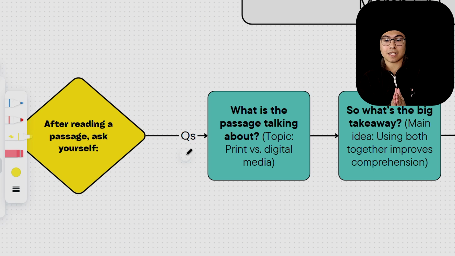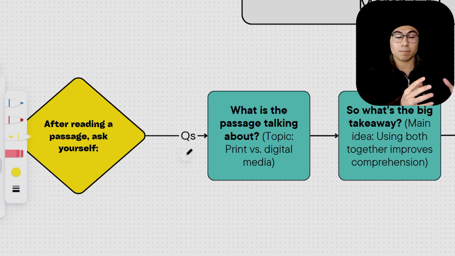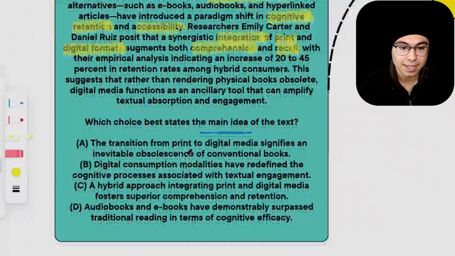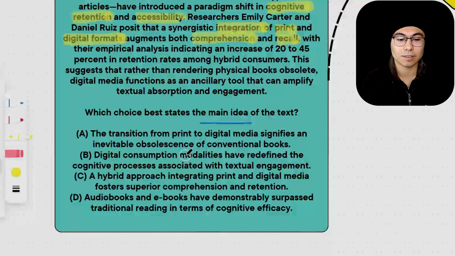The main idea, in this case, is that using both print and digital formats together improves comprehension. So using both is really good. Now we can go to the answer choices and choose the right answer.